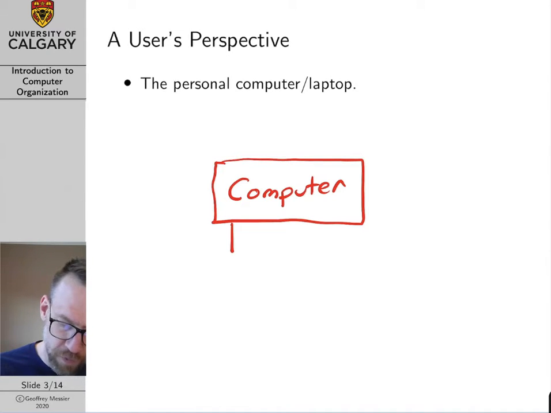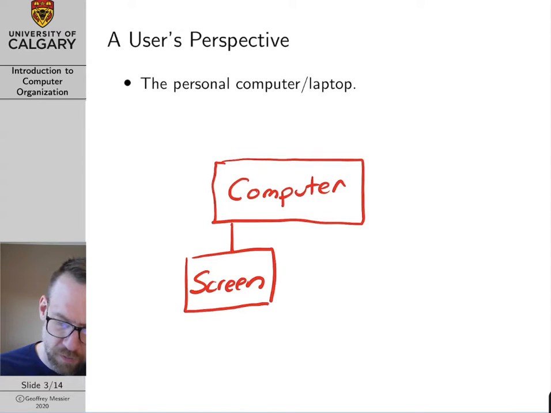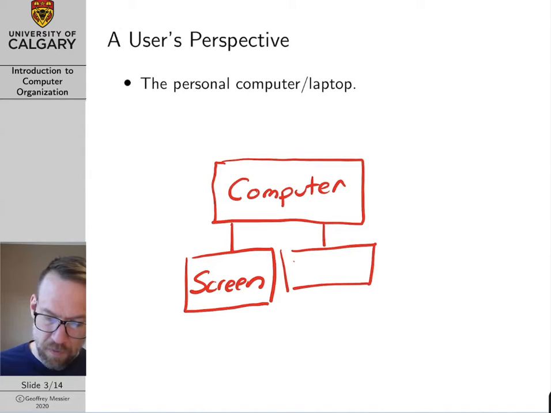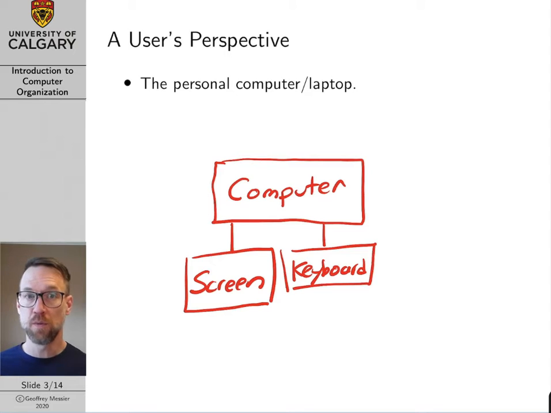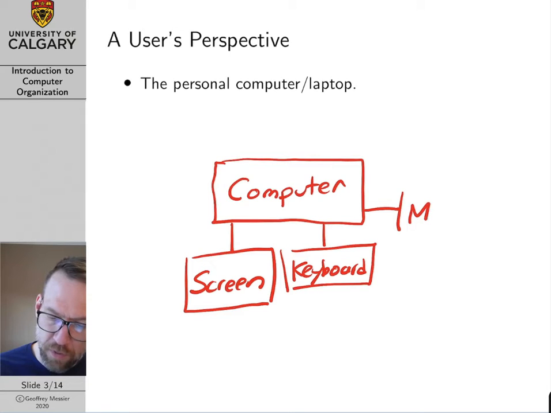So, for example, we will connect a screen into the computer, and that allows the computer to display information for us. We connect a keyboard to the computer, and that allows us to send input into the computer, send it commands. The same thing with a mouse or a trackpad.